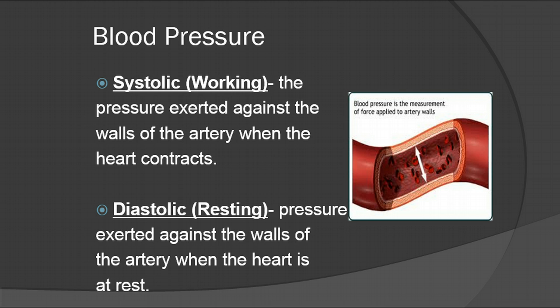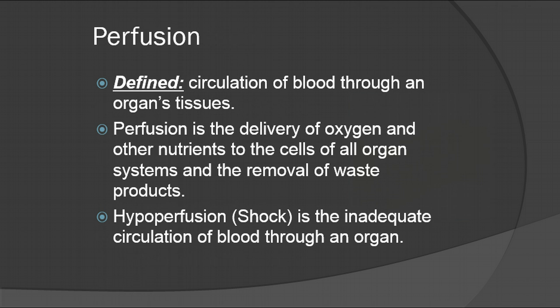And the reason why this is a bad thing is because even though everybody's heart goes above 90, usually most adults will go above 90 for their systolic on a regular basis, when it's resting and it's above 90, that's a bad thing because it's always exerting a lot of pressure against the veins, and so this can cause other problems such as weakening of the blood vessels, and this is also indicative of an accumulation of plaque and garbage in a person's blood vessels.